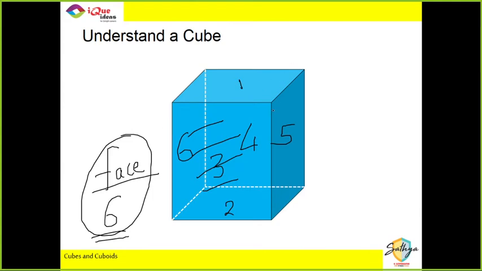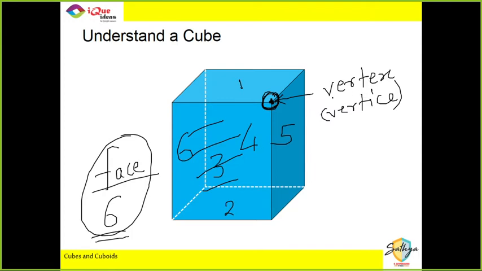Now, this point where you have 3 faces meeting is known as a vertex, right? The meeting point of 3 faces is known as a vertex. The plural is vertices. So now can you tell me, in a standard cube or a cuboid, how many vertices do we have?